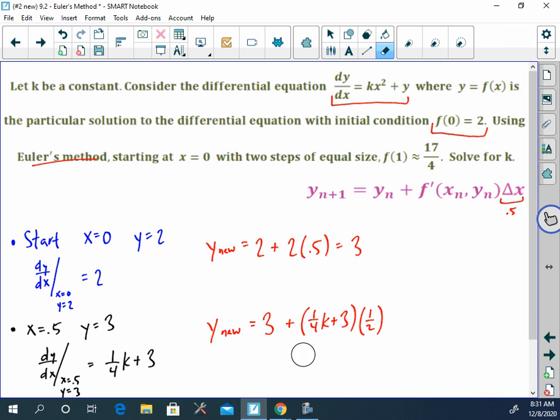Oh, okay, so you combined like terms, I'm guessing, right? Yep. And then set that equation equal to 17/4. So then we're really just solving this equation here, right? Mm-hmm. Sounds good. Do you guys see where she went?